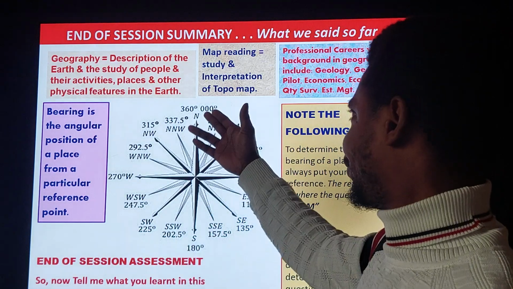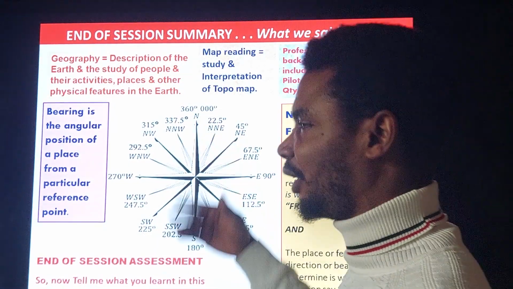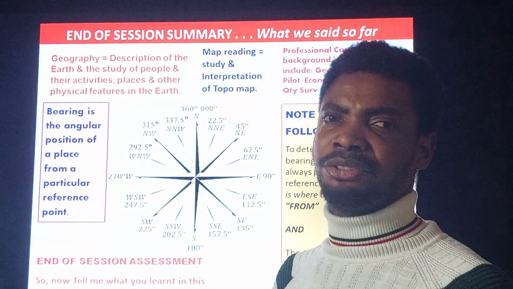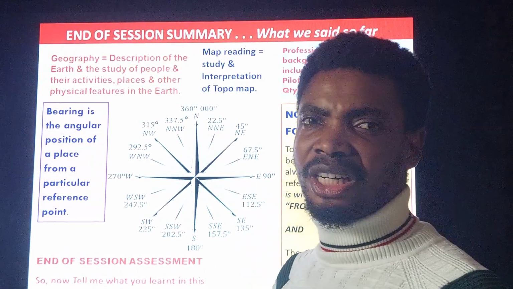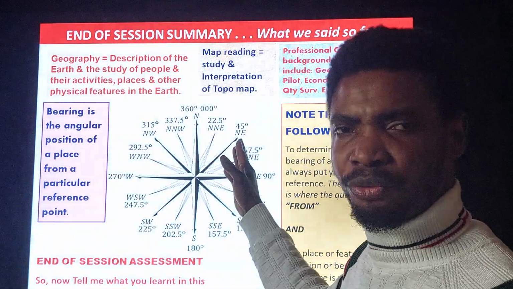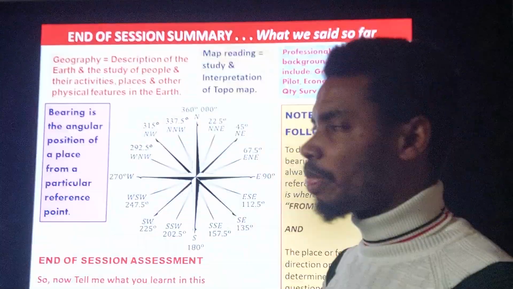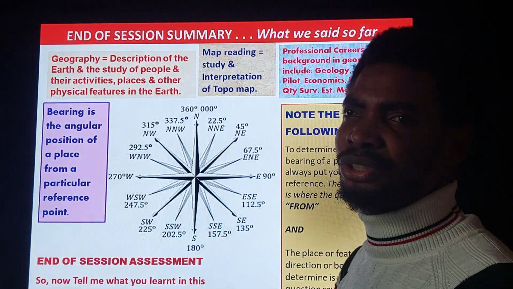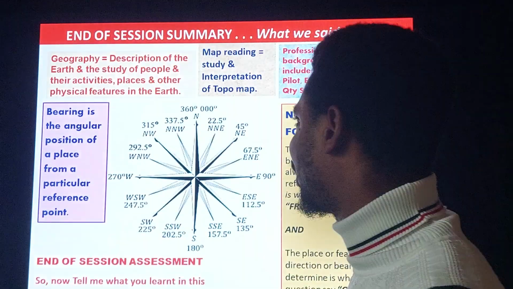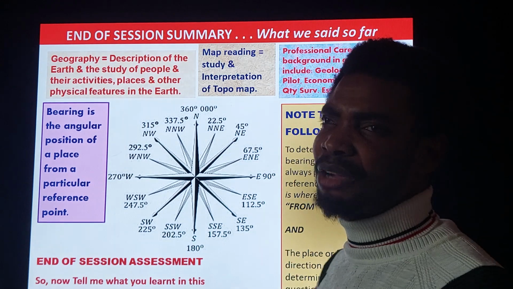And of course, the top of the cardinal represents the north direction. On the north direction, you have your 0 degree as well as 360 degree. So to your right, we move in a clockwise direction. So to your right, you have the northeast, the bearing of northeast is 22.5 degree northeast, and then next one is 45 degree northeast.